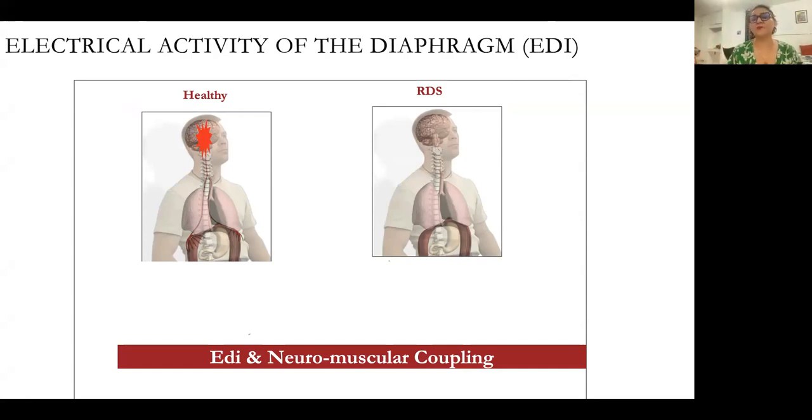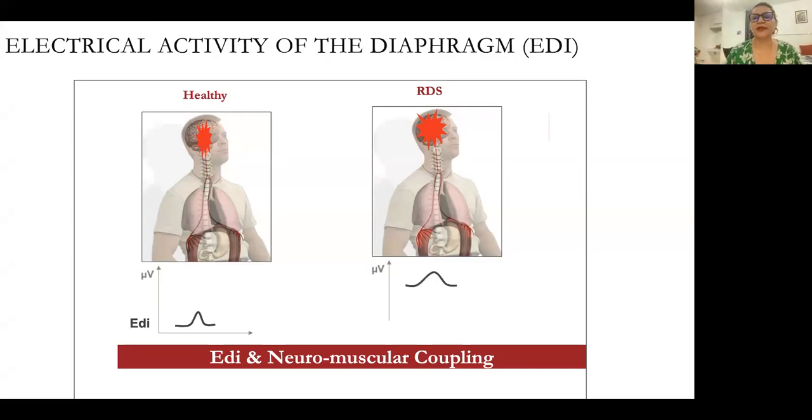However, if the lungs have RDS, the brain knows that you require more contraction. So it's going to give more stimulus to the diaphragm, and there will be more electrical activity of the diaphragm to produce more tidal volume.